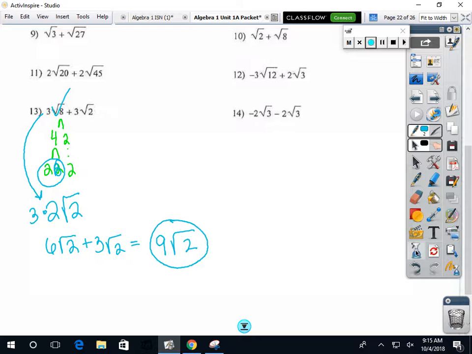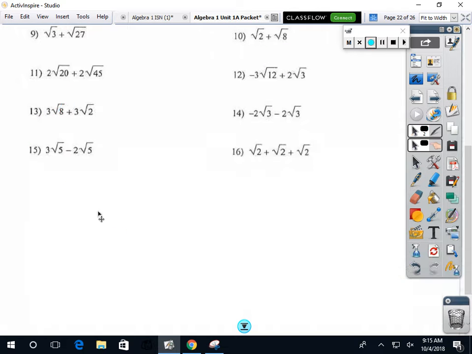All right, number 15. Can they currently be subtracted? Yes, they're already both square root of 5. So all you have to do is 3 minus 2 is 1. And you can write the 1, but on the test, it would just look like this. The 1 is understood.